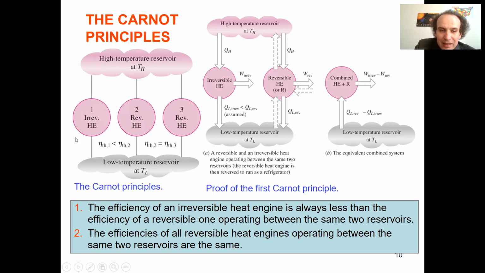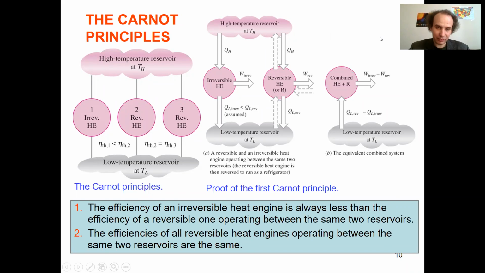So let me combine systems 1 and 2 together. Heat goes here to cycle 1, part of it is converted into work, and part is released. And now what I do here, I use this second reservoir, I use a second heat engine, sorry, to get heat from the cold reservoir and put it up. Let me now zoom out and consider the system together. What will I have?